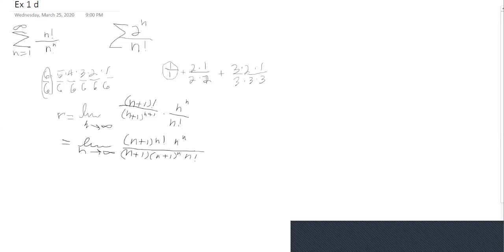I can reduce some of this stuff now. We'll be able to get rid of that with that, and that will go with that. And so it looks like we just have this left over. As n goes to infinity, we have an n to the n over n plus 1 to the n.